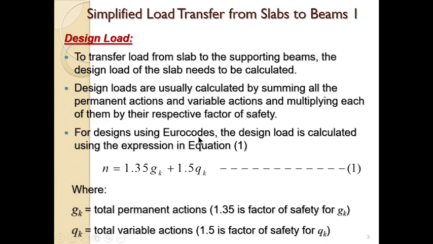For design using Eurocodes, the design load is calculated using the expression in equation 1, where N is the design load, Gk is the total permanent actions, and Qk represents the total variable action or live load, if you may call it. Remember, the permanent action can also be called dead load. Now this 1.35 is the factor of safety for permanent action, while 1.5 is the factor of safety for variable action. So with all this information, you can calculate the design load on a slab.